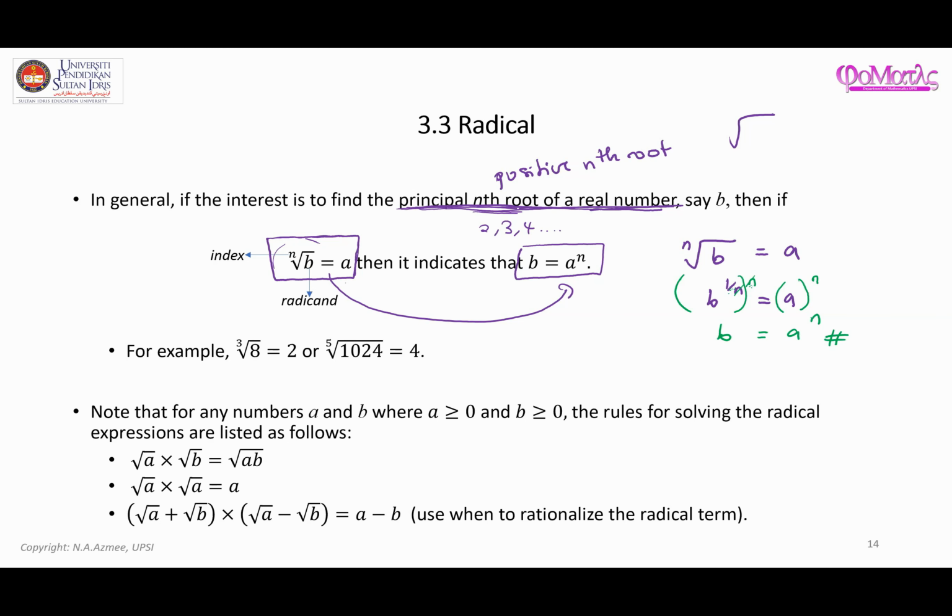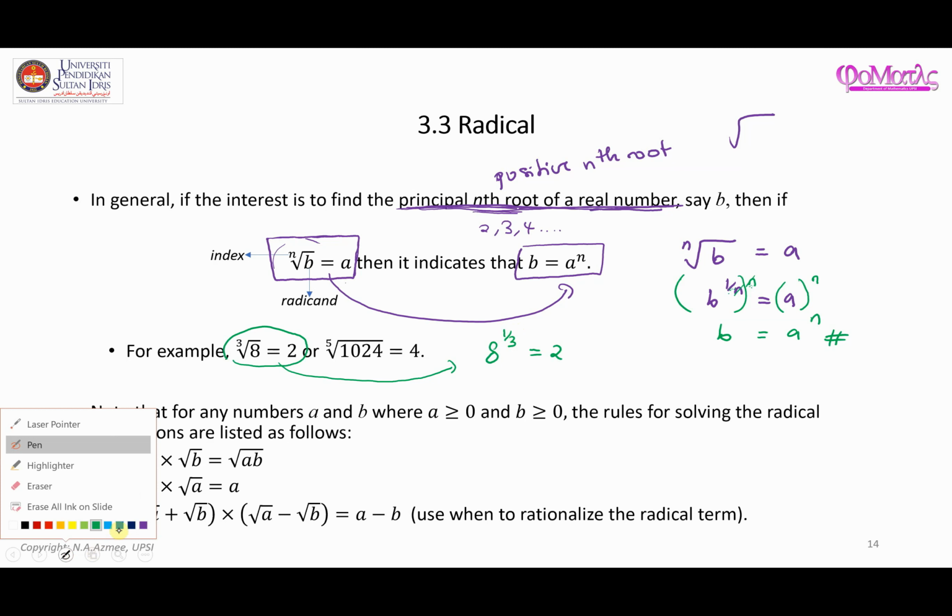So as an example, let us consider this one over here. I'm going to write down this term in terms of fractional exponent. So it will be 8 to the 1 over 3 is equal to 2. And then I'm just going to get rid of this fractional exponent.